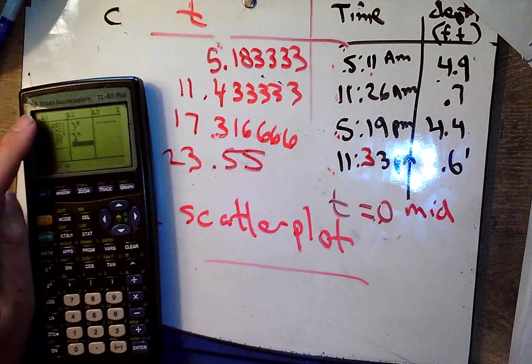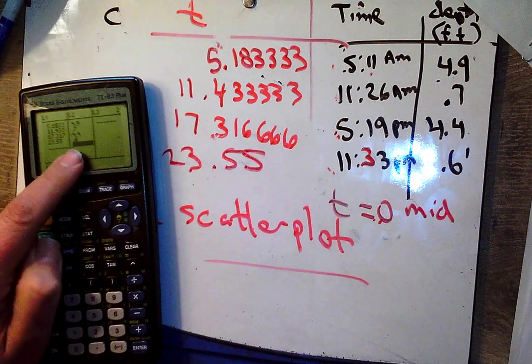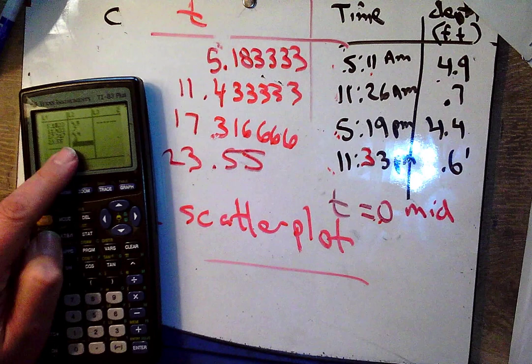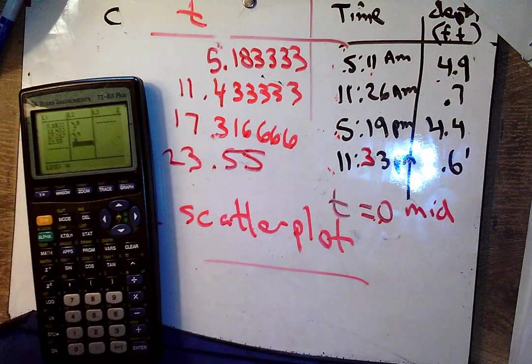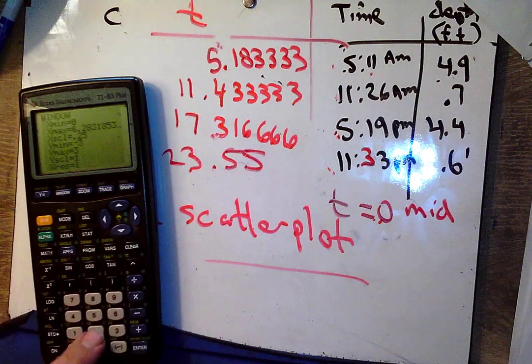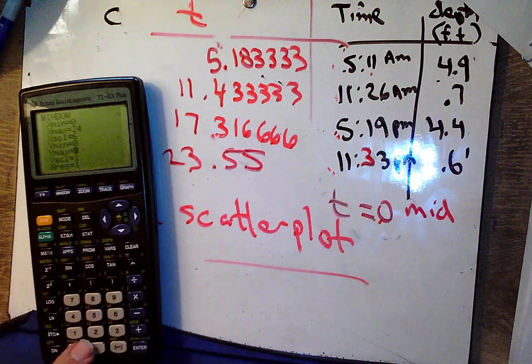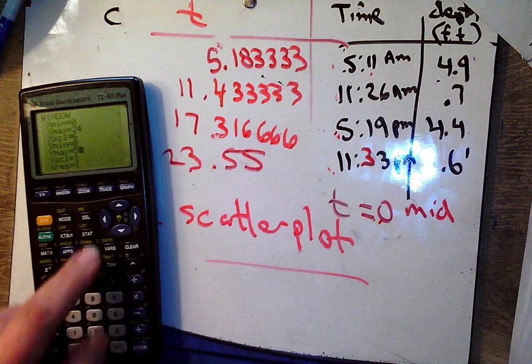So my x's are going to go from 0 to 24. My y values, well, 0.6, 0.7. I guess I'll start at 0 and go up to 4.9, up to 5. So window, we're going from 0 to 24, steps of 6. And y min, 0 to 5.